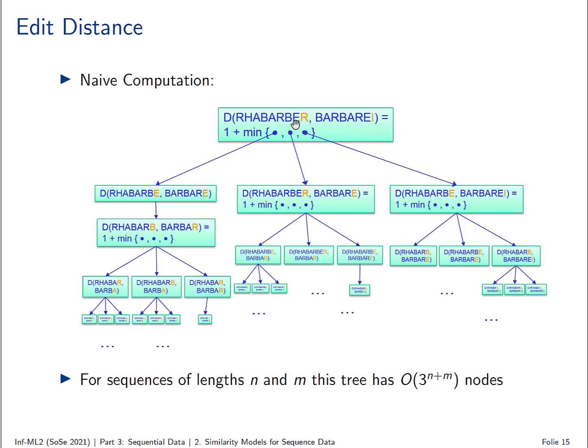First of all, we see the last elements of the first and the second sequence don't match. So we are in this second recursive case. We have 1 plus and then the 3 options. We have to compute all 3 recursive calls to see what is actually the minimum. So we have the substitution case, the insertion case, and the deletion case.